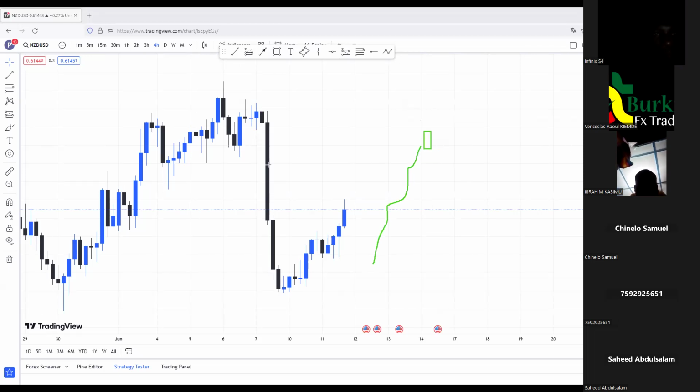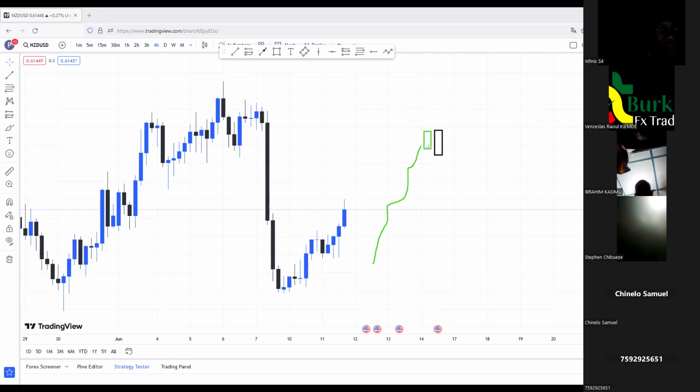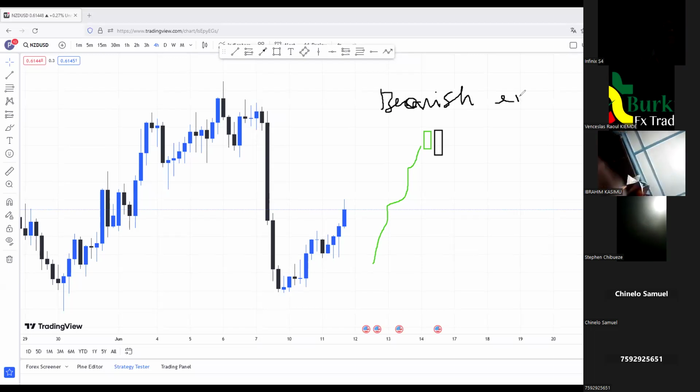And after this candle, you will see a down candle, so that the body of the down candle is bigger than the body of the up candle. This is what we call a bearish engulfing, right?